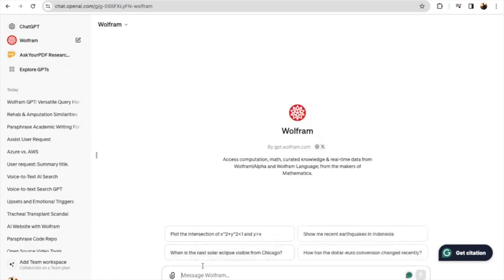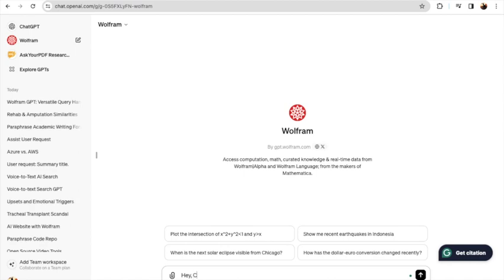So let's make this more interactive. I haven't thought of any examples to show you guys, but let's start by asking Wolfram some use case examples to show its ability.